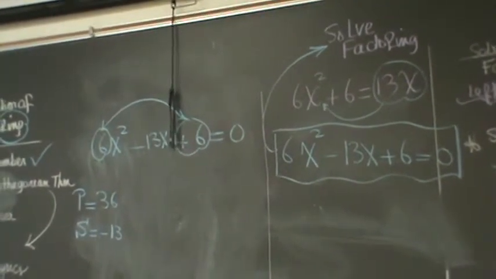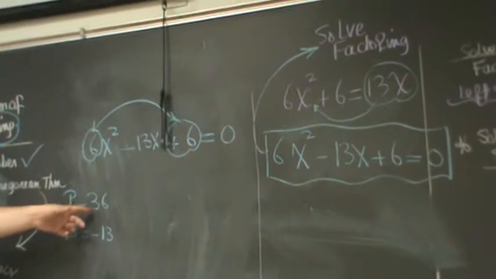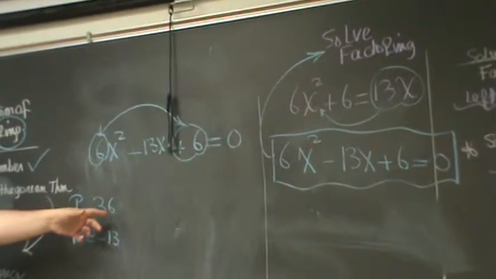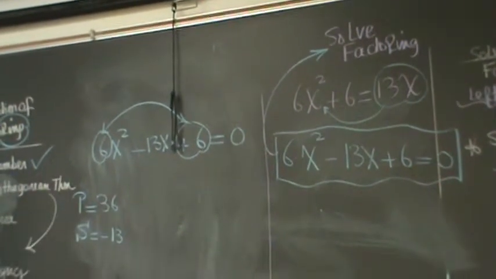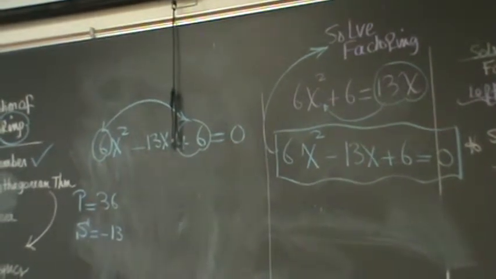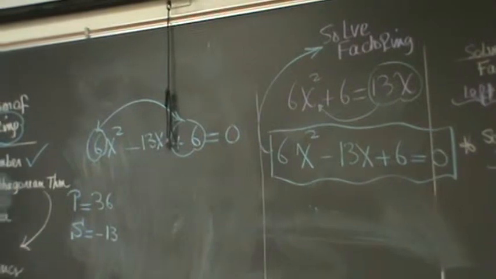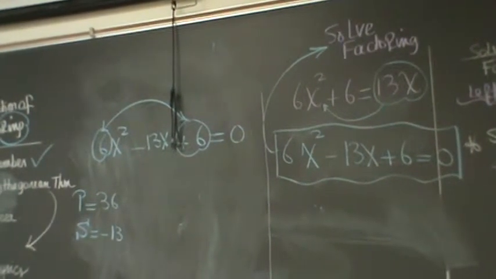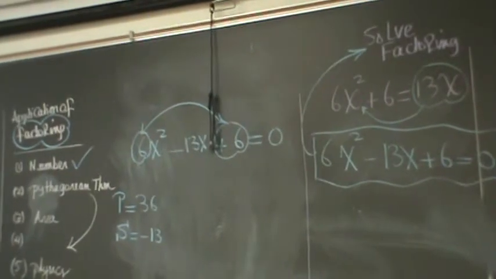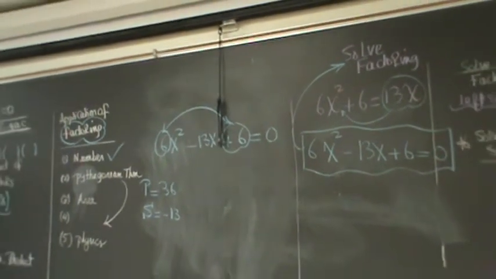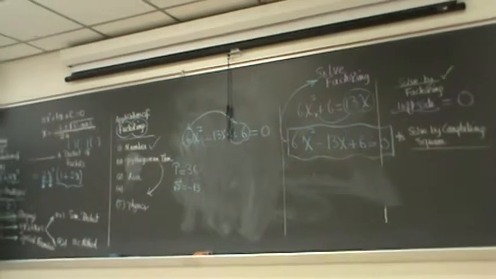The product of those two numbers is 36. So I know those two numbers must be either both positive or both negative. But the sum is negative. So I must be looking at two negative numbers. Well, could you tell me by investigating the product and the sum what those two numbers are?